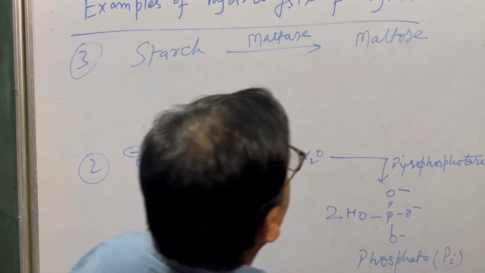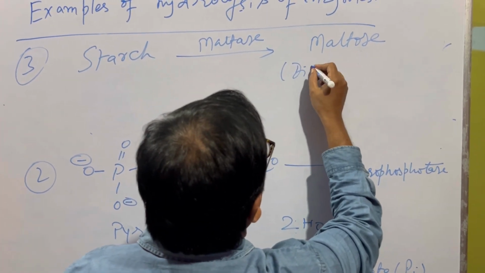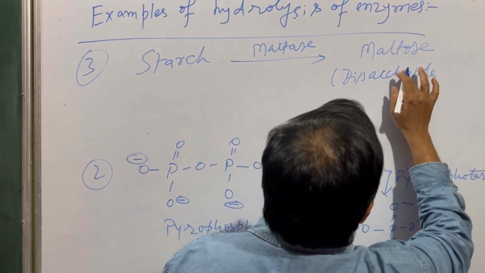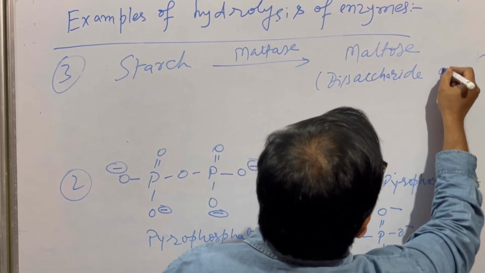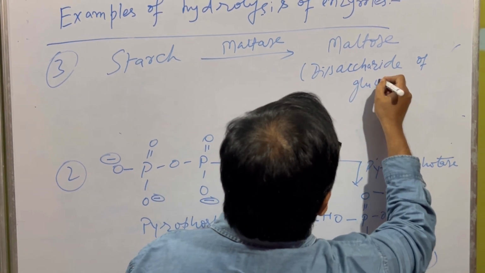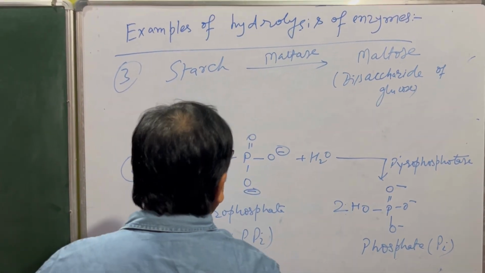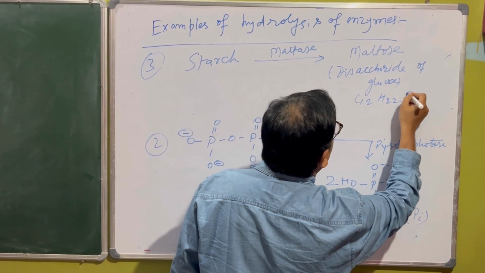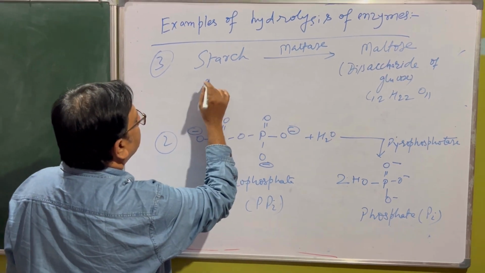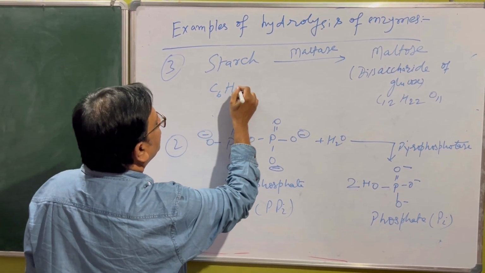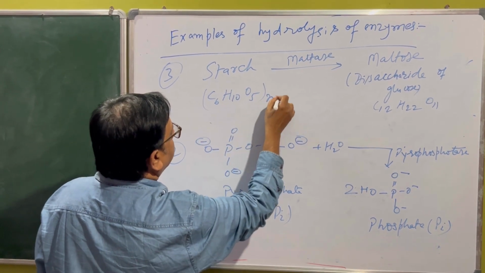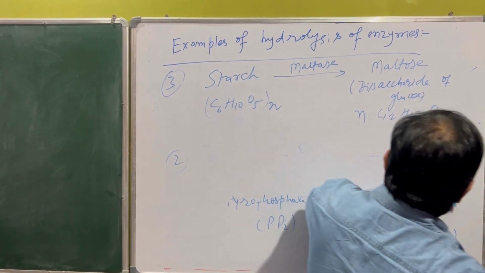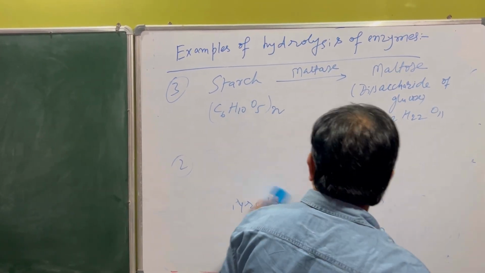Maltose is a disaccharide of glucose, and obviously it is C12H22O11, while your starch is C6H10O5 repeating units. So obviously you will be having a number of maltose units.